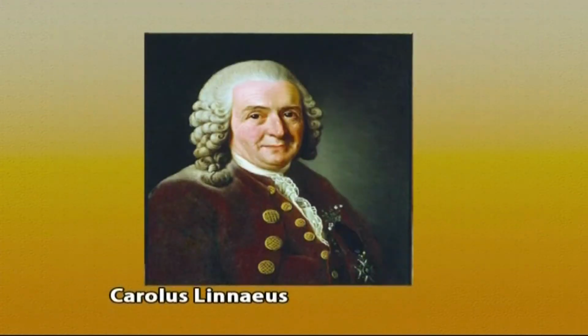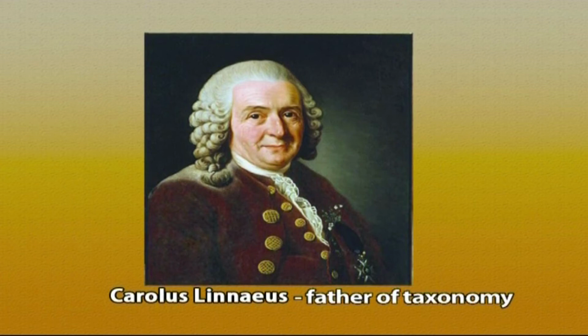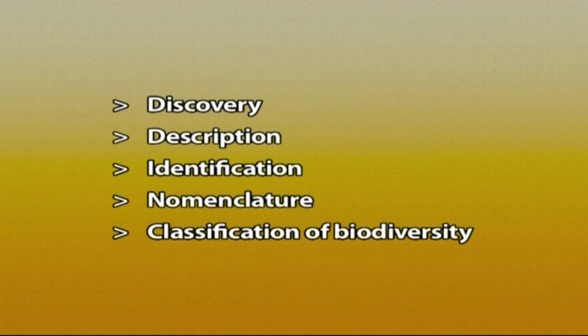Since the time of Carolus Linnaeus, who is regarded as the father of taxonomy, a lot of scientific literature has been published that deals with discovery, description, identification, nomenclature, and the classification of biodiversity.